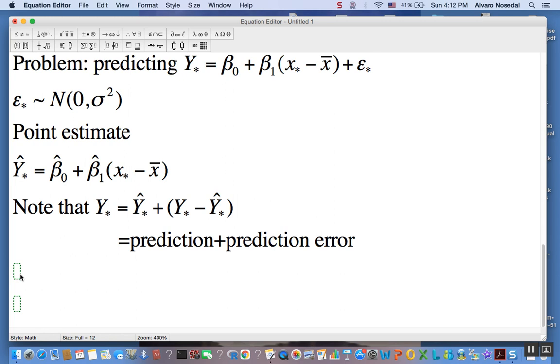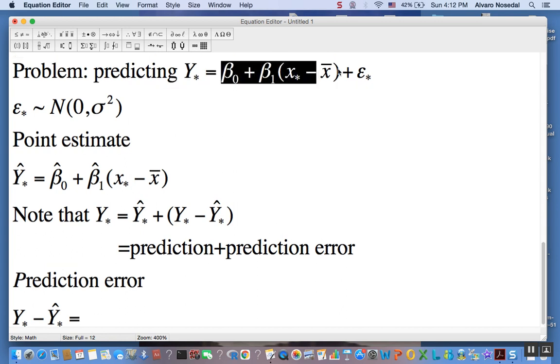So now let's talk in more detail about the prediction error. It's y star minus y hat star. Let's expand what the difference is.